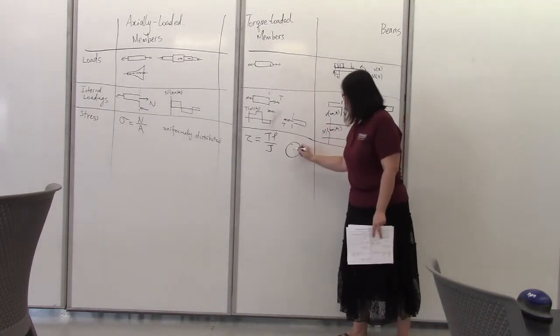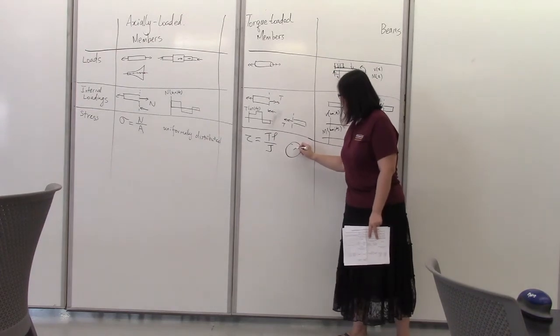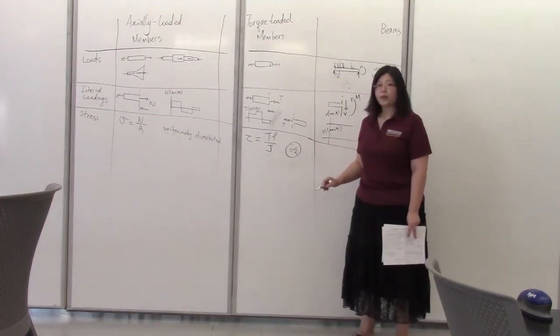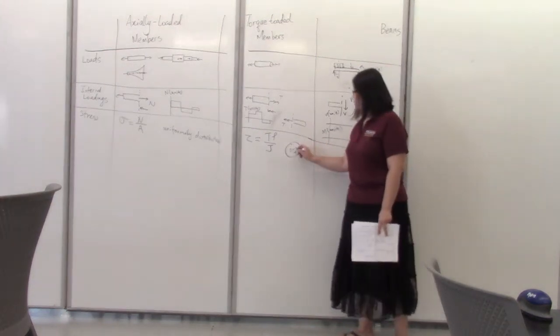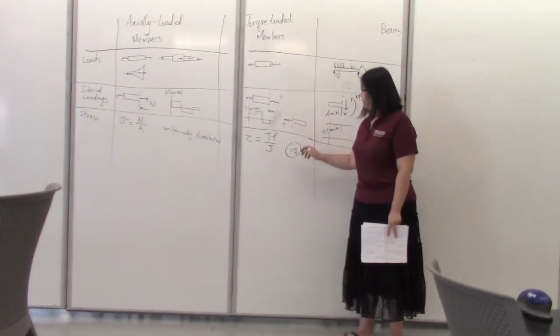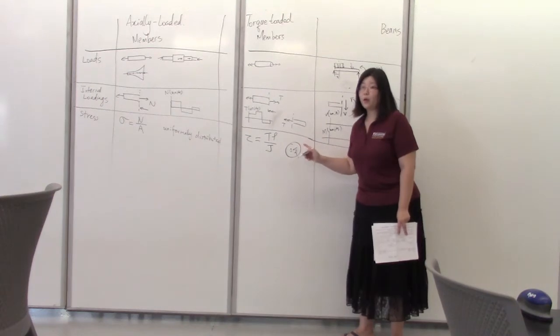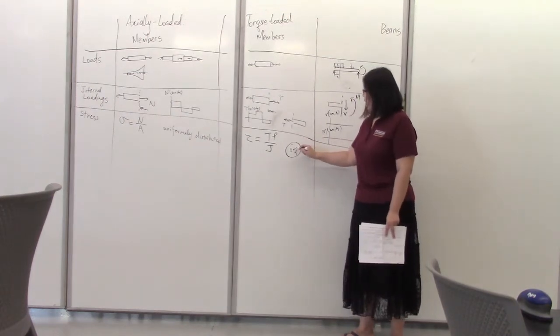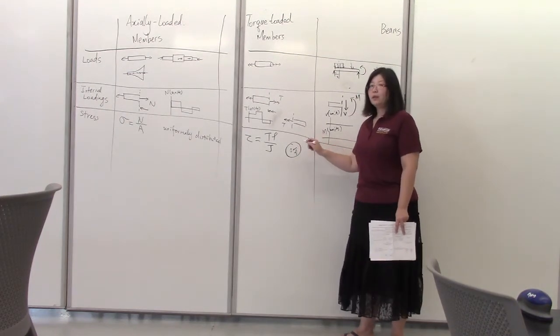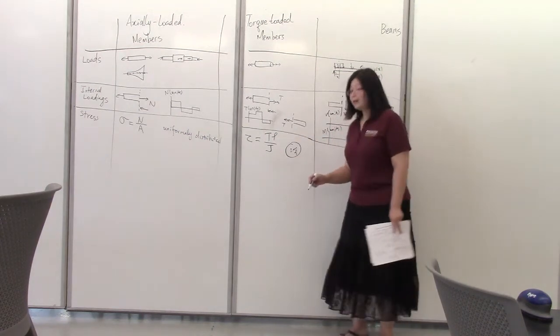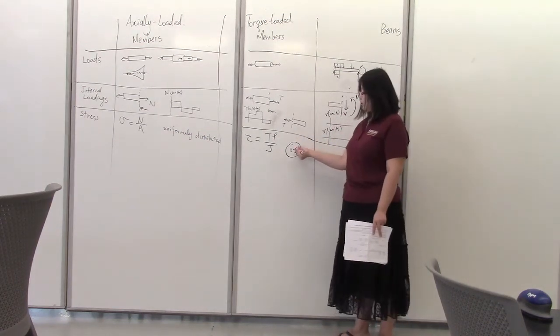So rho is defined to be the radial distance from the center of a cross-section to any point of interest. If your point is right at the center, then rho is 0, therefore there is no shear stress at that point. As you move away from the center along a radial line, the shear stress will increase linearly with respect to this distance.